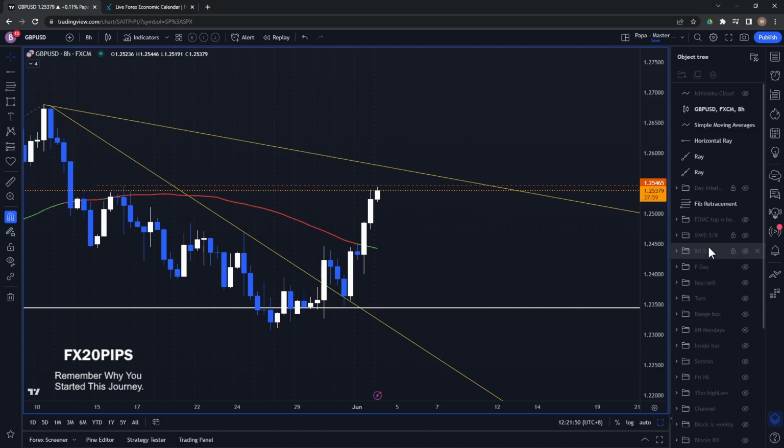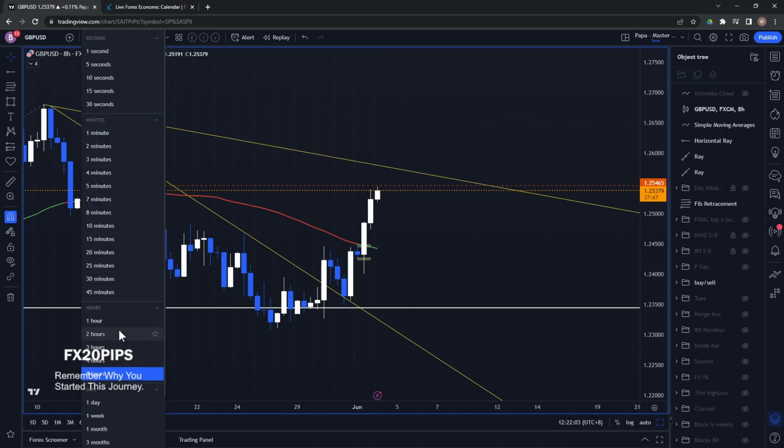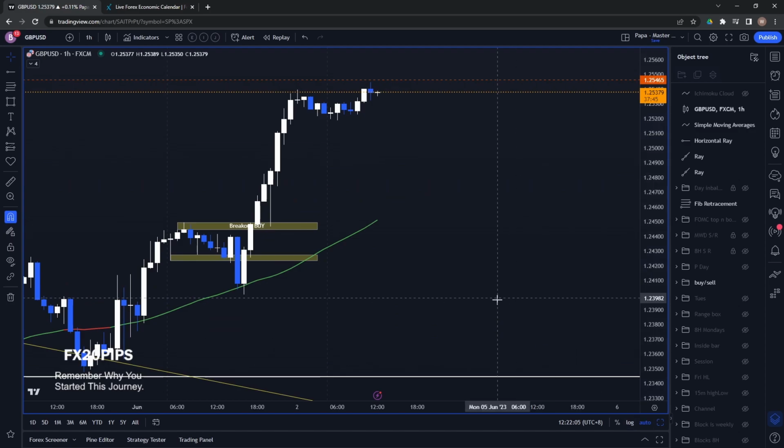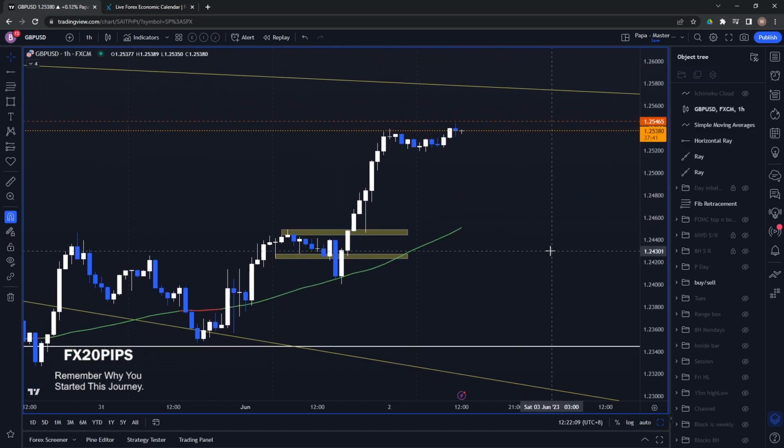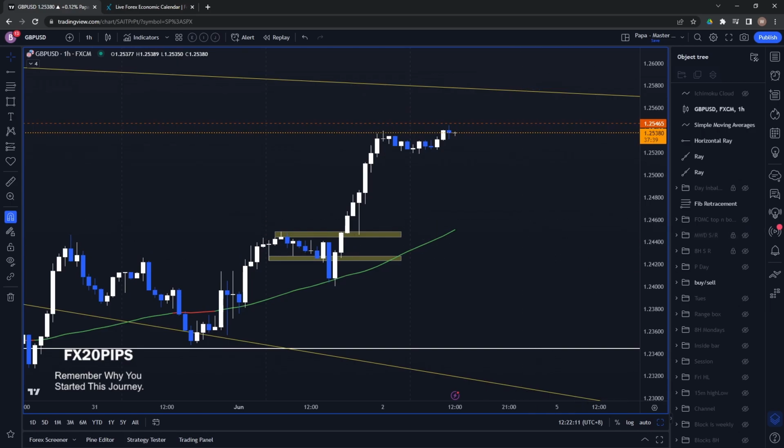Remember we also had what I call the buy and sell zone for yesterday. So I'm just going to zoom into the 1 hour and we can talk about that. This is today, Friday, a new day.